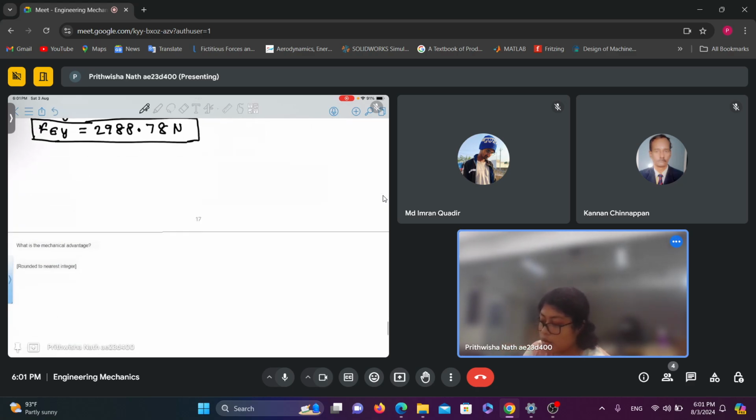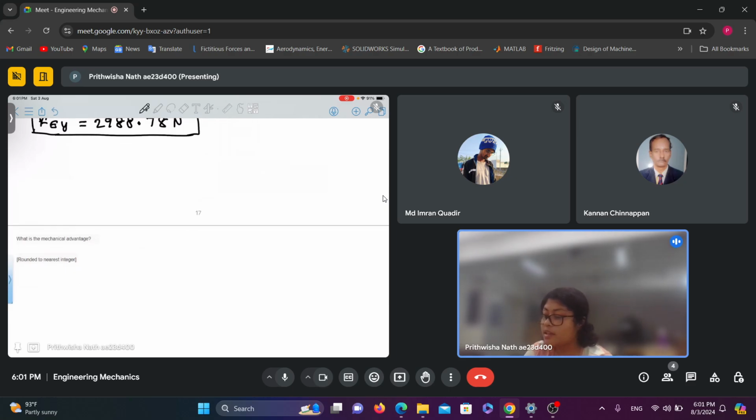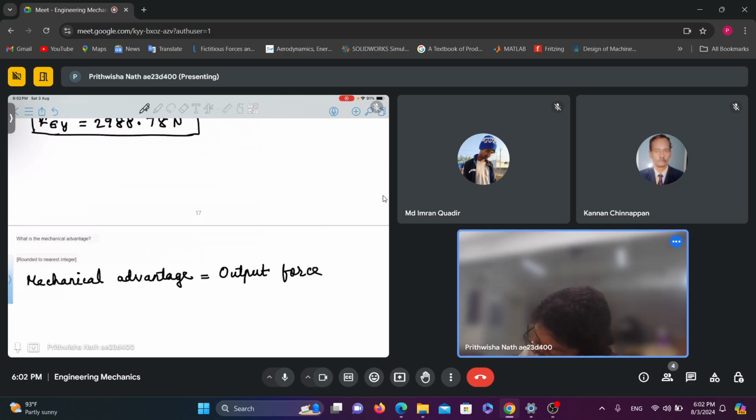Now, the next question, what is the mechanical advantage? So how do you calculate mechanical advantage? Mechanical advantage is given by output force divided by input force.